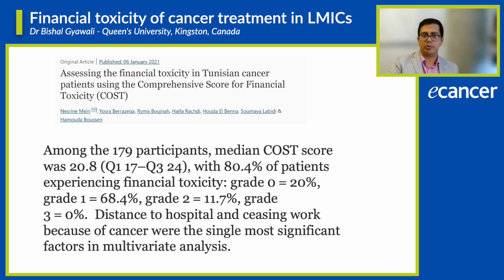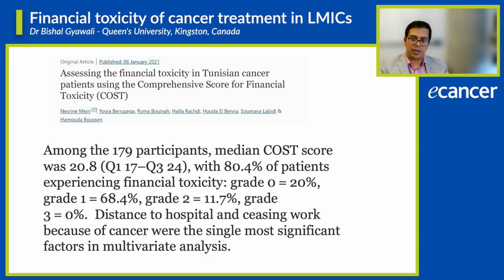And I found a paper from Tunisia, in which they again used the COST tool to measure financial toxicity. This was a richer source of information, because they had 179 participants, and they found that the median COST score was 20.8, which is similar to what we found in Japan. The median score was 21 there, and they found that almost 12% of the patients had grade 2 financial toxicity, and almost 70% had grade 1 financial toxicity.